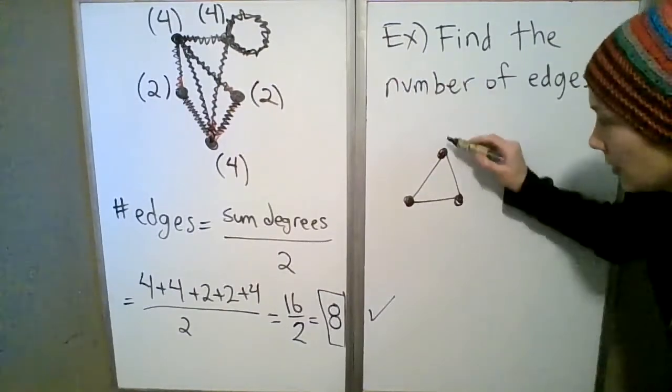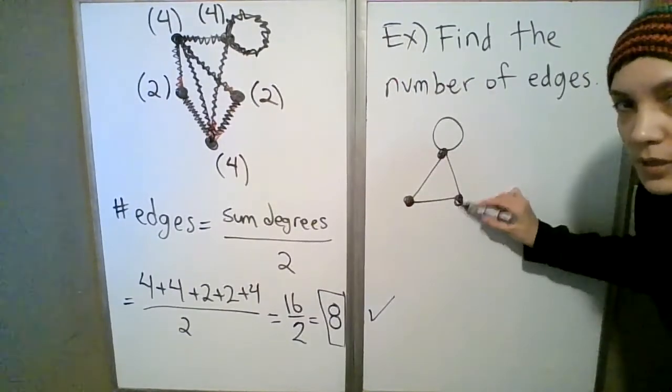We've got a triangle and there's two vertices that have loops.